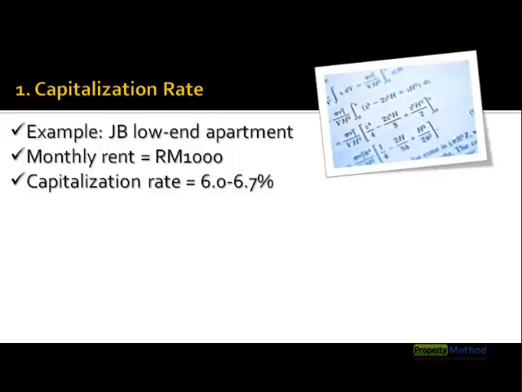This means that an investor purchasing an apartment there is expected to earn 6 to 6.7% every year from their property. Before we start the calculation, we may want to ask, how do we get this capitalization rate? Well, we can't get an accurate capitalization rate without a record of transacted prices for a particular type of property in a particular area.